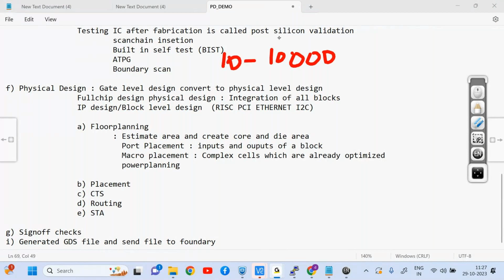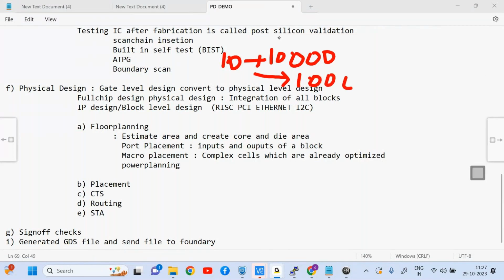Almost 1 lakh extra cells, right? If I go through Verilog coding, synthesis and physical design for these 10 memory blocks, I will have 1 lakh extra cells.